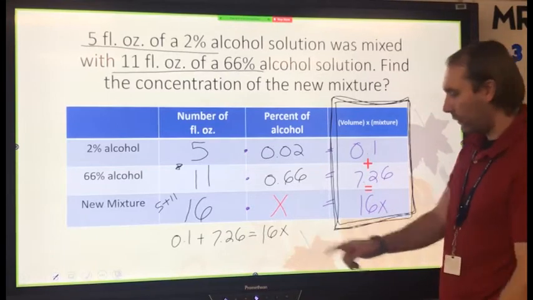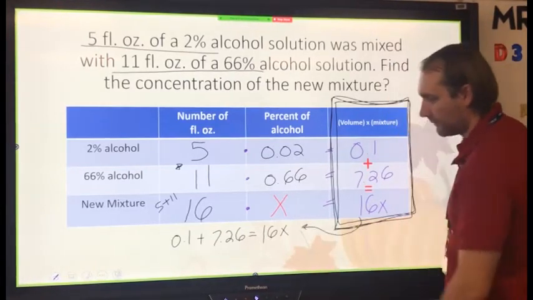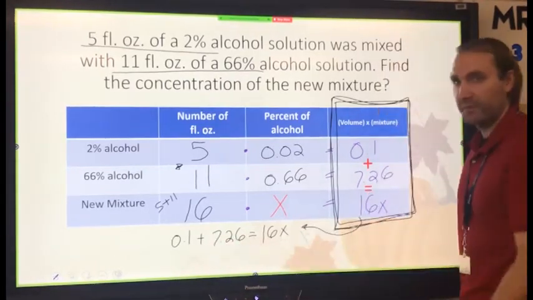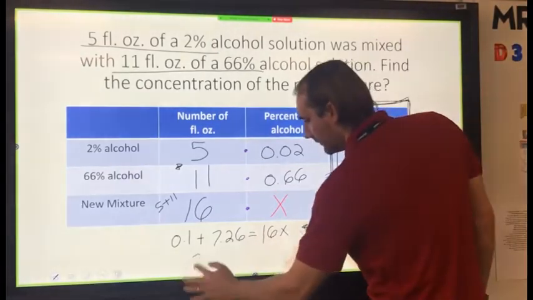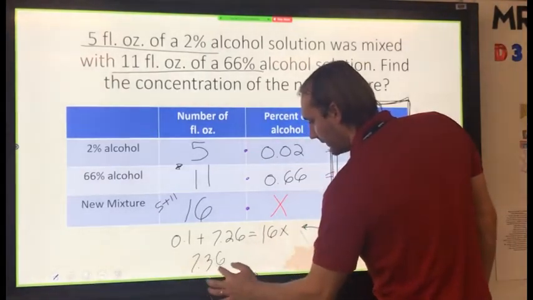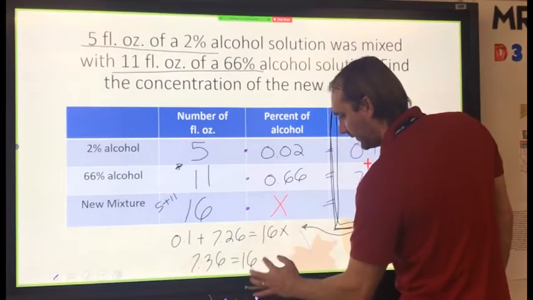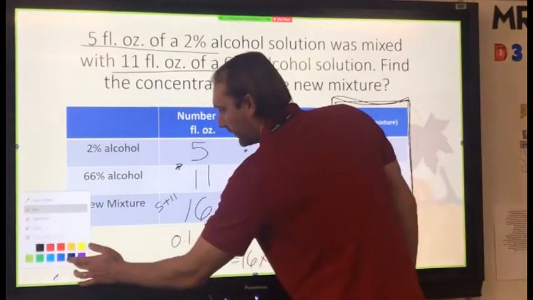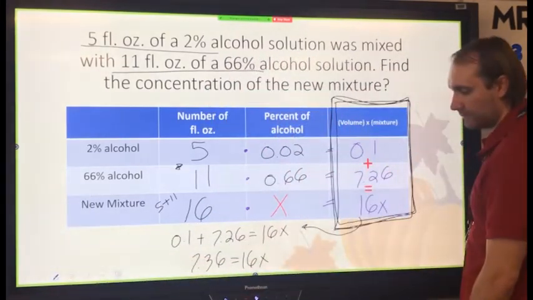Now here's my equation. Let's combine like terms: 7.36 equals 16x.